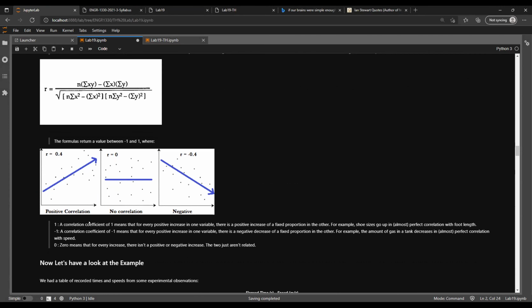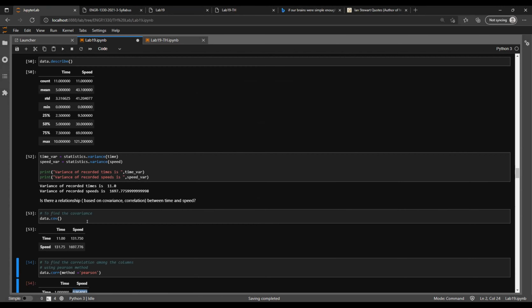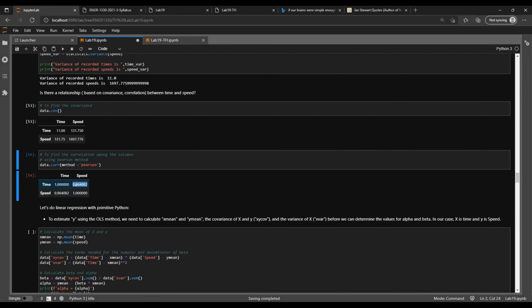So from -1 to 1, and we had a correlation coefficient of 0.96. So if a 1 is perfectly, I'll just say positively correlated, and -1 is negatively correlated, and 0 is everything's random, what would you say 0.96 is? Just in English.